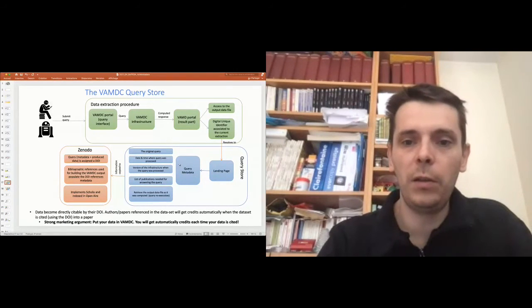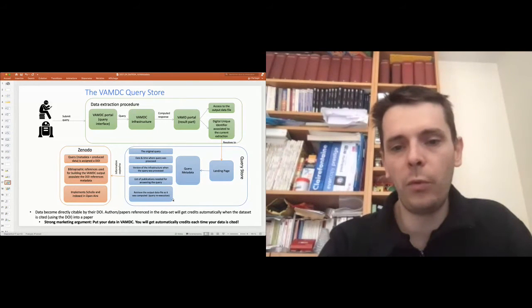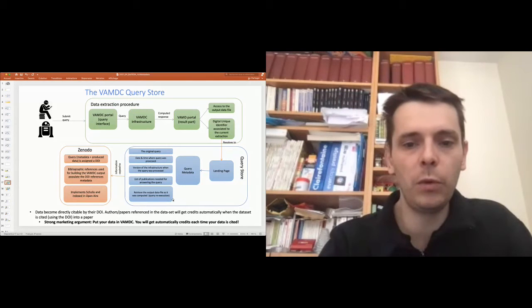It contains all the query metadata: the original query, the timestamp, the version of the infrastructure when it was produced, the list of references needed for answering the query, and a way of retrieving the data file as it was computed, that is, the query execution.